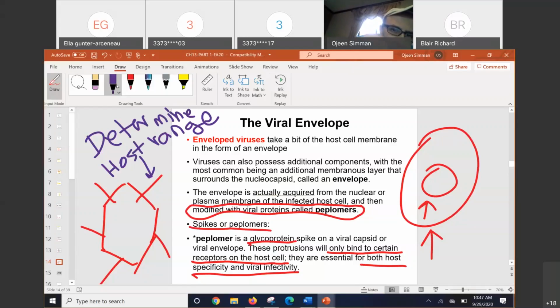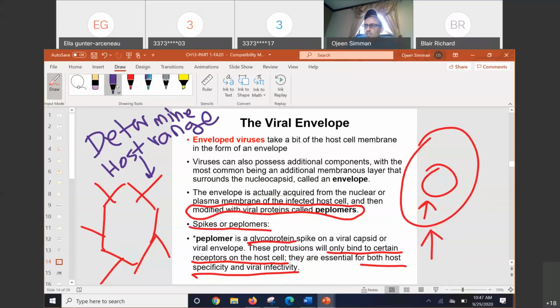What does host range mean? It means that there are viruses that, because of their spikes, are only able to infect plants. There are viruses that are only able to infect humans.